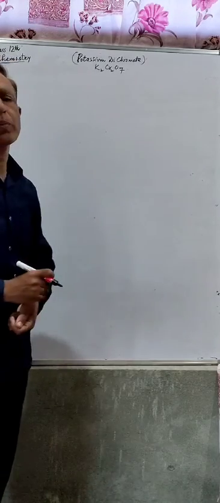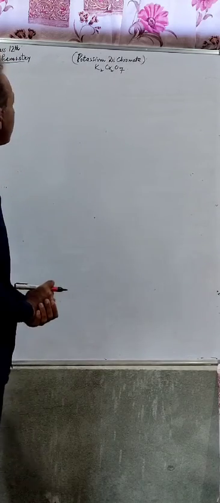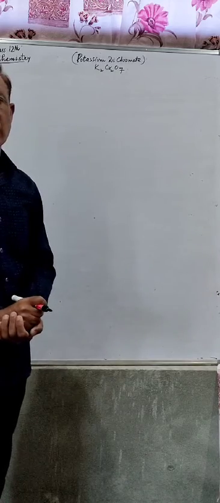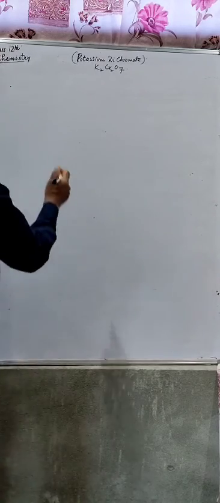There are various steps involved in the preparation of potassium dichromate from chromite ore. We will first discuss those steps one by one.